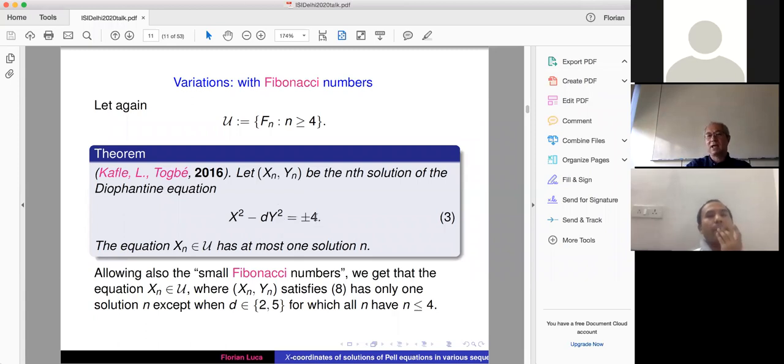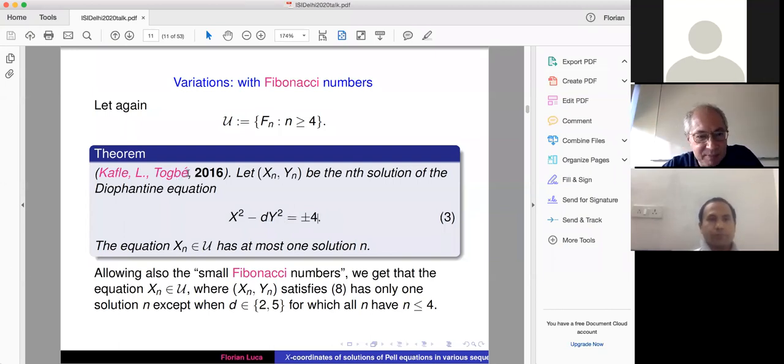But it turns out that sometimes this equation, equation number 3, has a bit more solutions than the ones that come from the Pell equation with plus minus 1 when you multiply both coordinates by 2. It has something to do with the unit in quadratic fields when d is congruent to 1 mod 4.